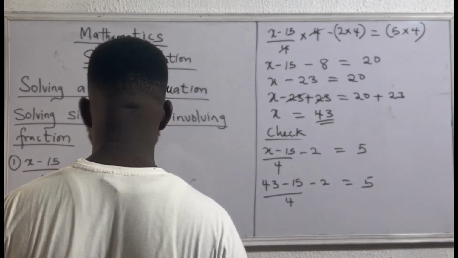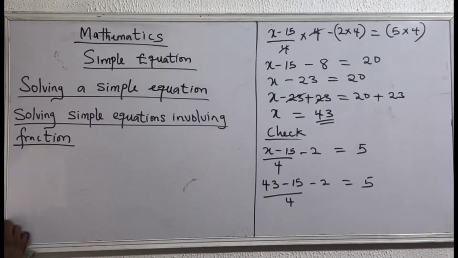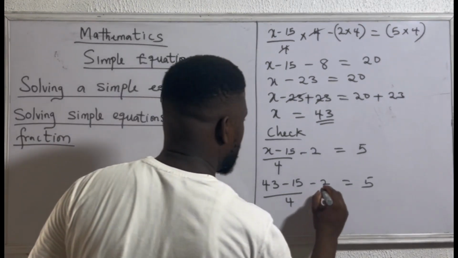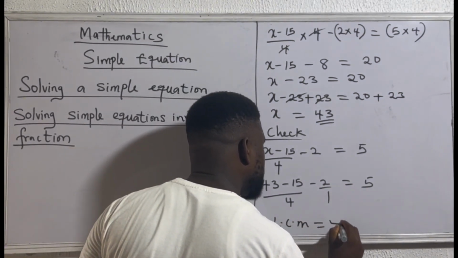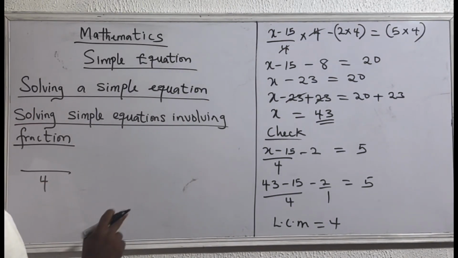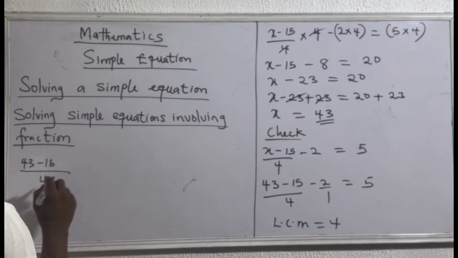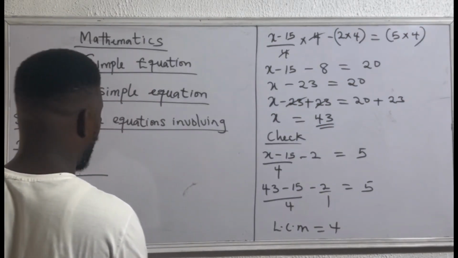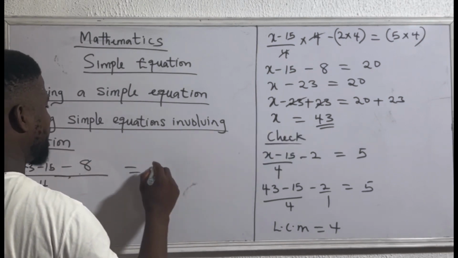So what do we do? So for the left hand side, LCM equal what? 4. So we have 4. 4 through 4 is 1. We have 1 times 43 minus 15 remains 43 minus 15. 1 through 4 is 4. 4 times 2, we have minus 8. Then we have, on the right hand side, we have 5.